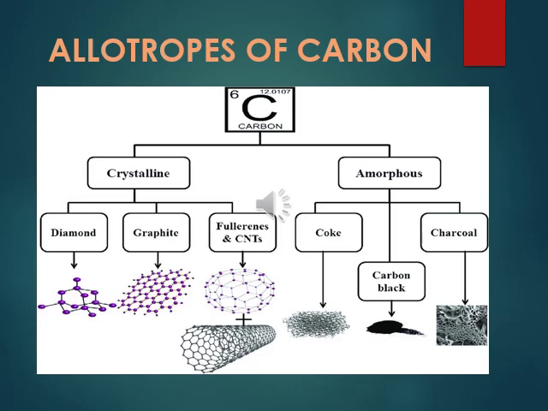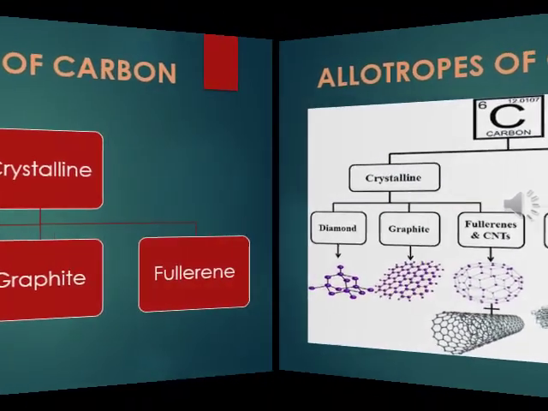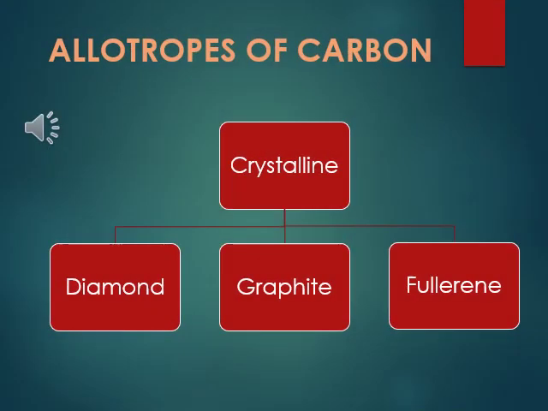Now we will learn about each of these items. Let's first discuss the crystalline forms of carbon: diamond, graphite and fullerene.